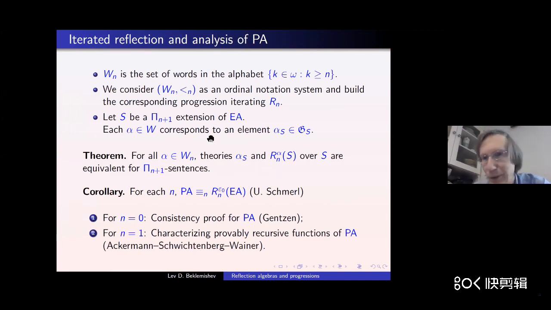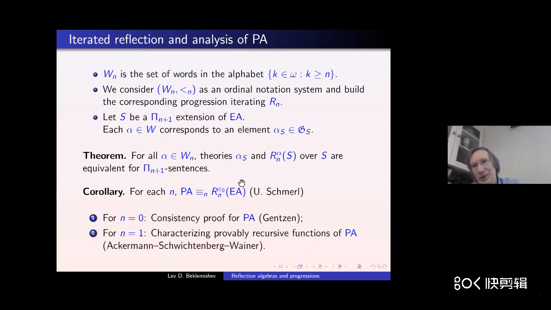So consider this particular ordering that we deal with and iterate: consider any element alpha, any word alpha, and it turns out that its interpretation in the algebra, the theory defined by alpha reflection over EA, will be equivalent for Pi n+1 sentences to the theory Rn iterated alpha times, where alpha is now understood as the element of that well ordering W.